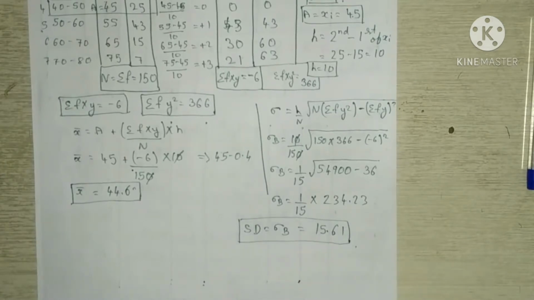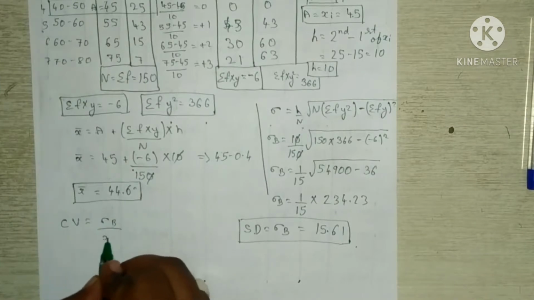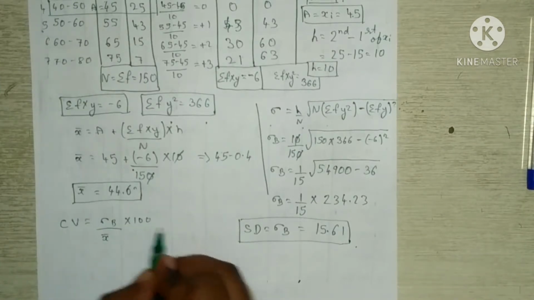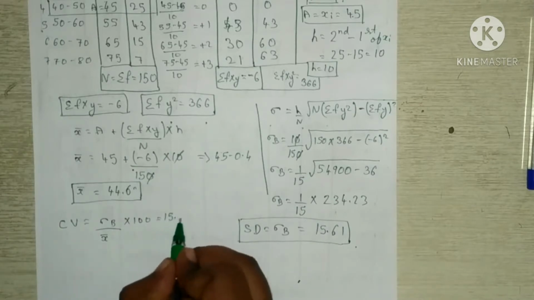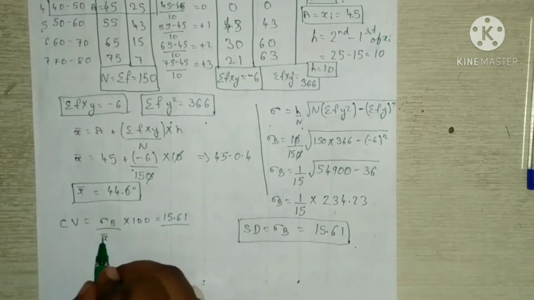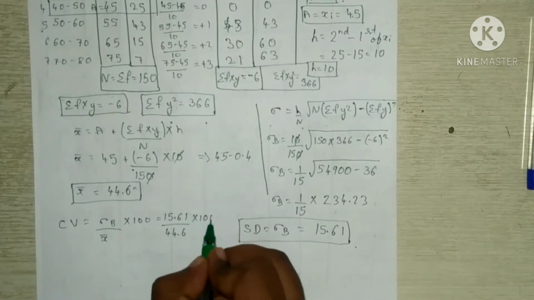Okay, you need to find CV, the coefficient of variation. CV is equal to sigma B by x bar into 100. Sigma B is 15.61, divided by x bar, which is 44.6, into 100.